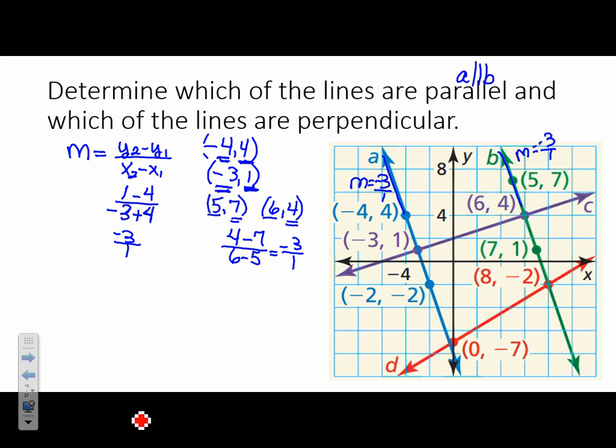This one, line C, has a point of -3, 1 and a point of 6, 4. So my slope of line C is going to be, I need to take the 6, 4 and the -3, 1 and find the slope.